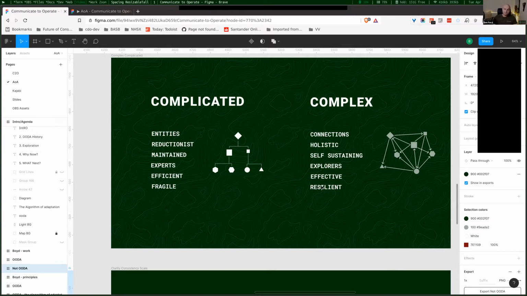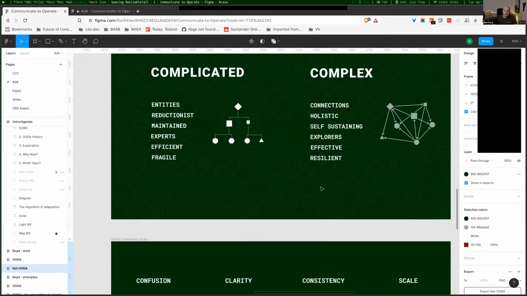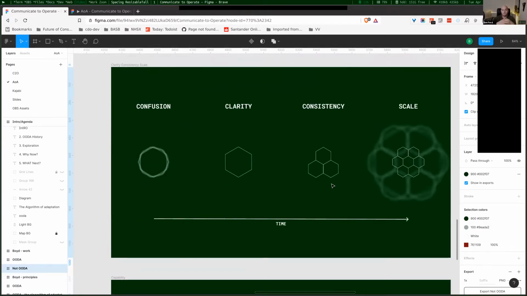So the whole OODA loop process is one of going into an unfamiliar domain and being confused or being unsure, here on the left. And as you go through multiple iterations, at multiple different time frames, you go through the very quick immediate actions, you go through strategic cycles in business, you eventually start to extract some clarity.